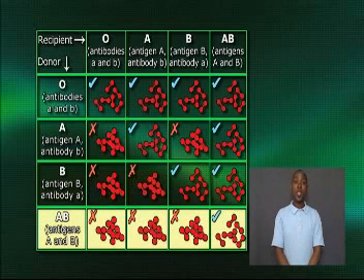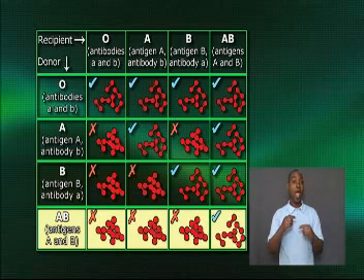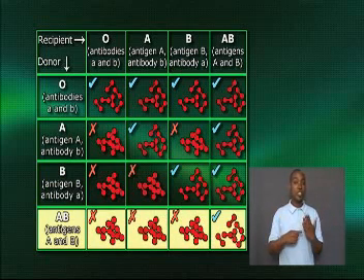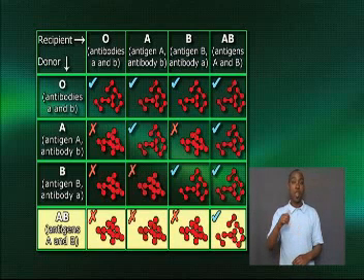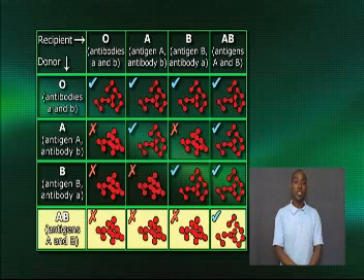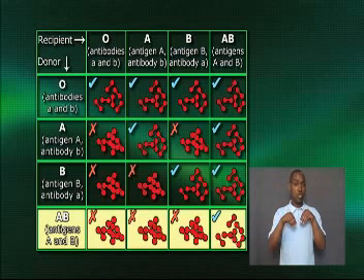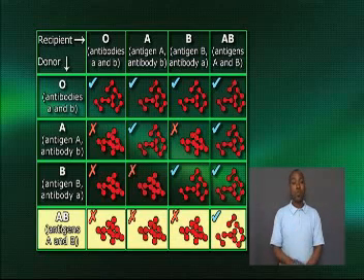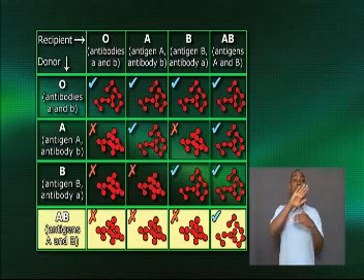Type AB has both antigen A and antigen B, so it can only mix with other type AB blood. Also, you may notice type AB can receive all blood types. People with this type of blood are called universal recipients.